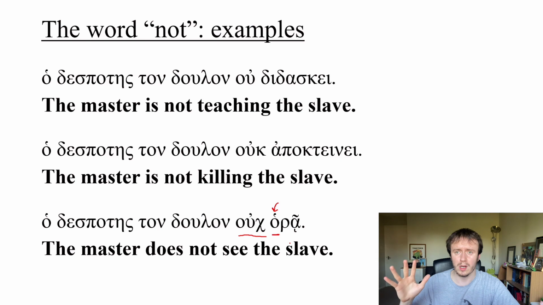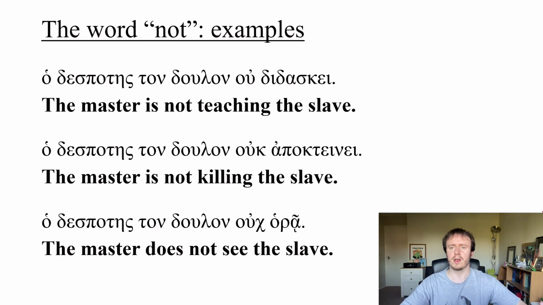And the word ouk becomes ouch, with an aspirated consonant at the end instead. But if you have a smooth breathing, as in the case of the second sentence, then there is no aspiration to spread, and thus, if you have a vowel with a smooth breathing following the word ou, then you simply get ouk rather than ouch.